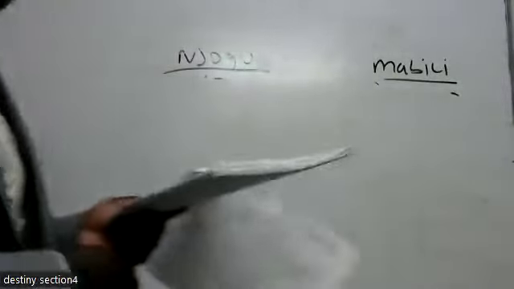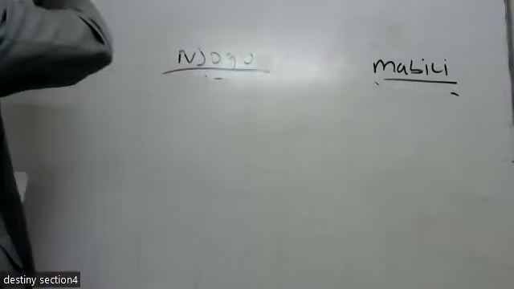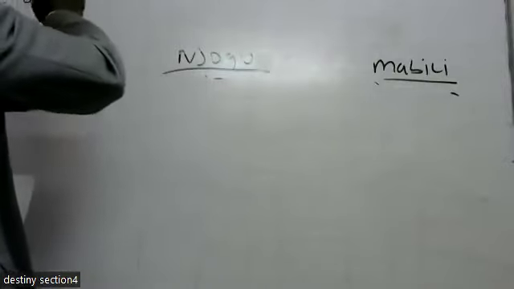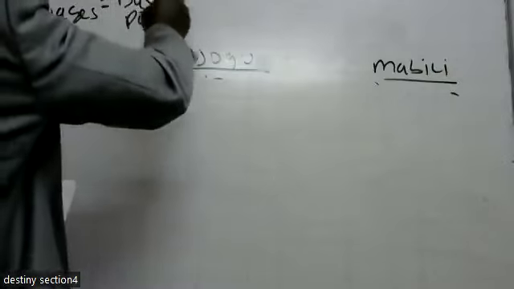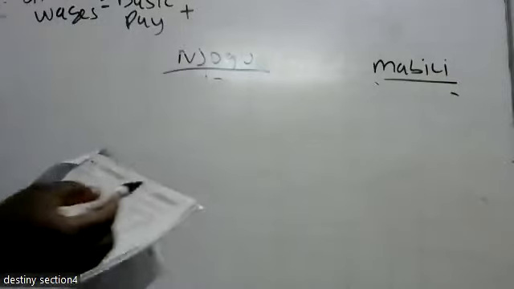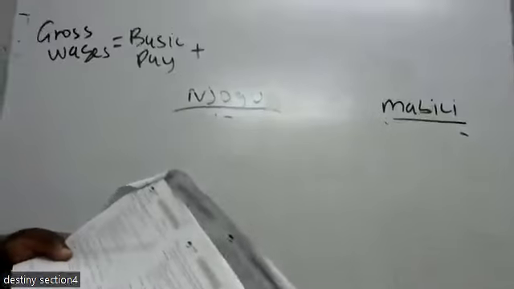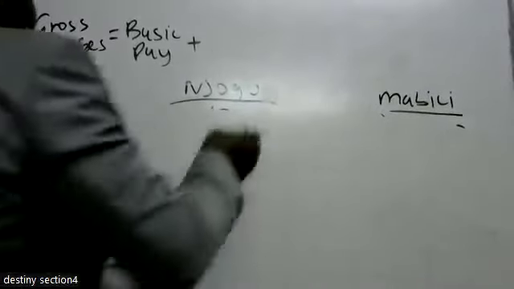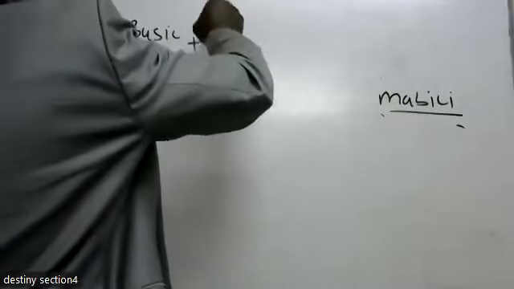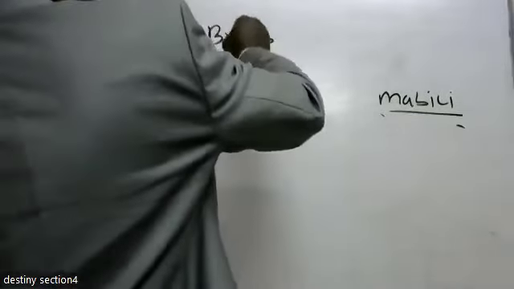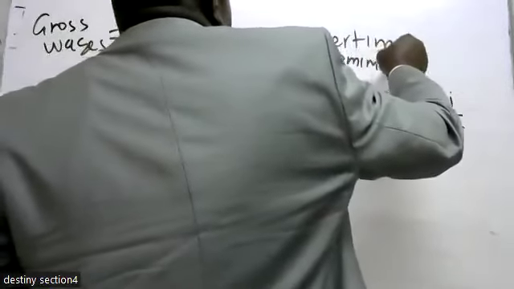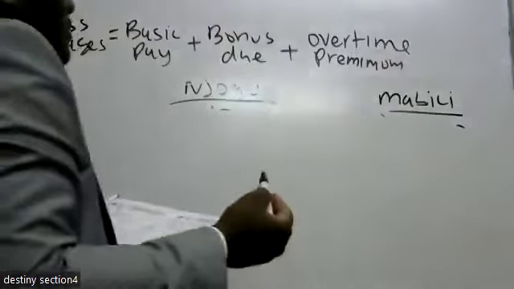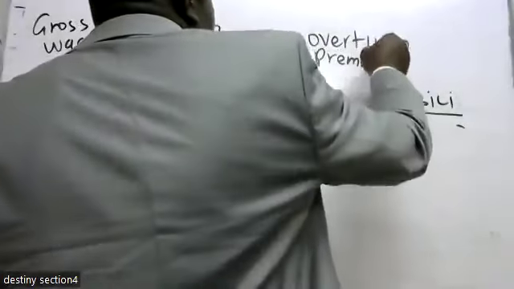To get the gross wages, it is given by the basic pay, then you add the bonus, and add the overtime premium.